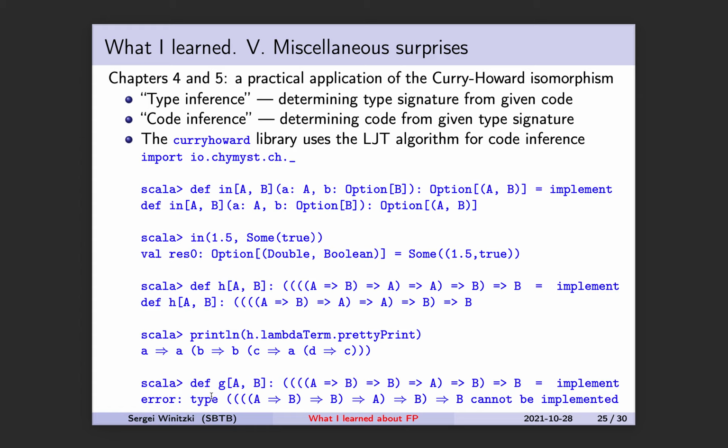And so you have a compilation error, you have a type error in this, in some sense. This type has no implementations. So this is what my surprise was, that you could actually implement this automatically, and you can derive code from types in many cases, certainly not in every case.